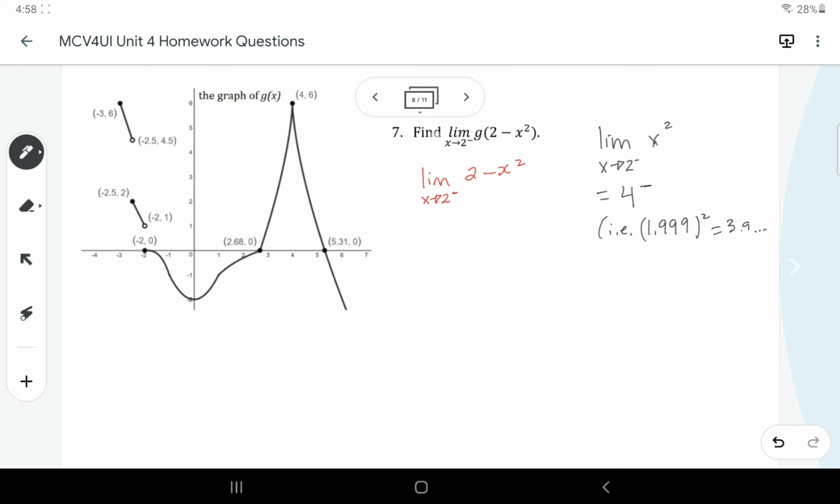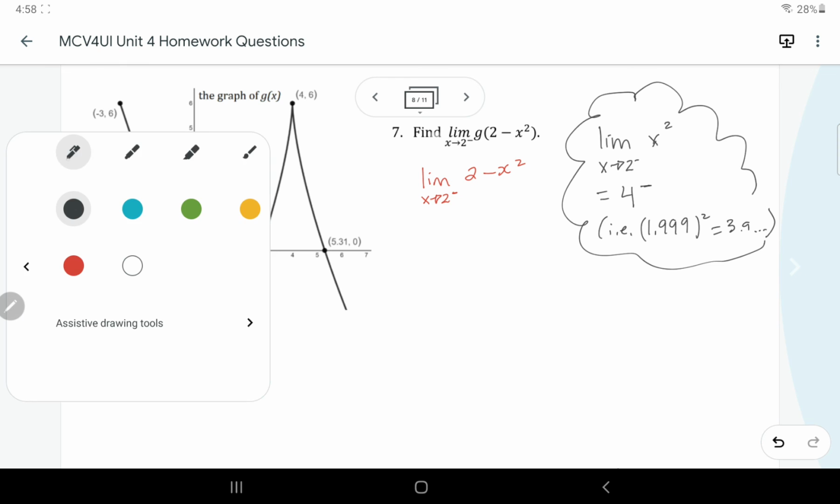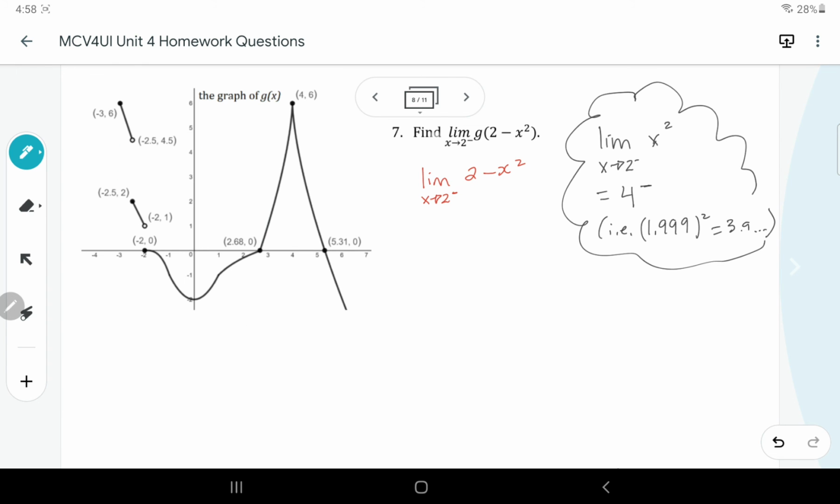Now, this is just thought bubbles here, not necessarily part of your solution. If we were thinking about subtracting 2 minus this number, that x squared is getting pretty close to 4, but it's a little bit smaller.